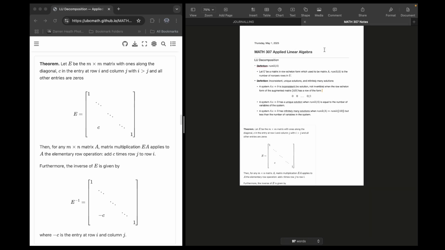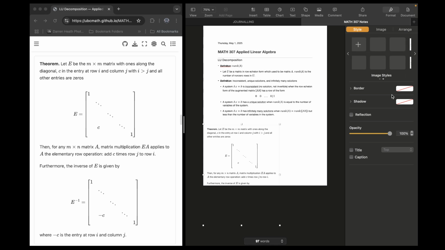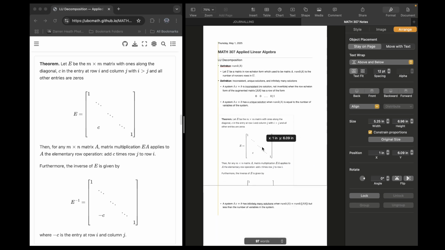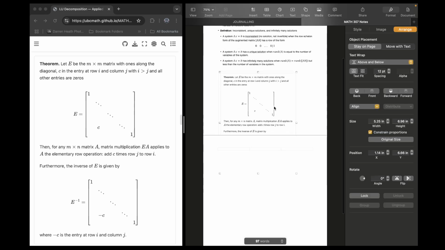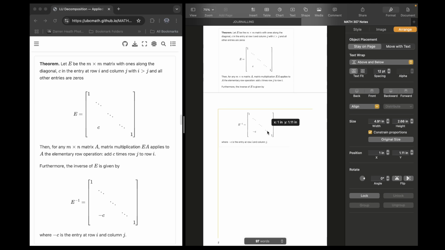Okay, not left, align objects. Bruh. I'm a genius.